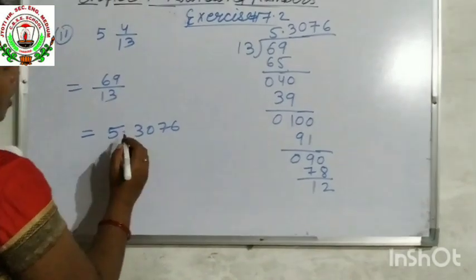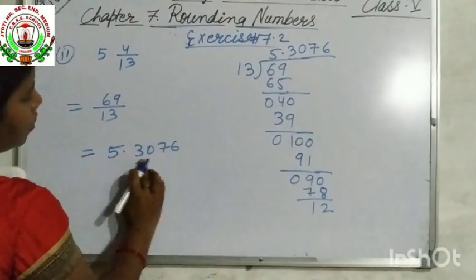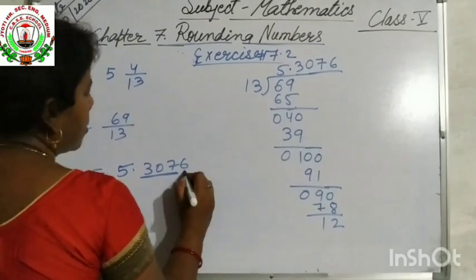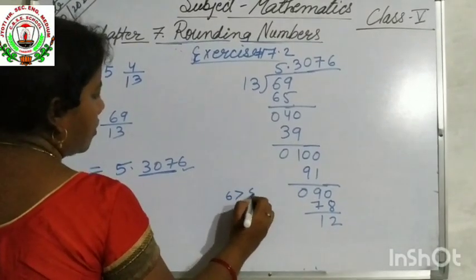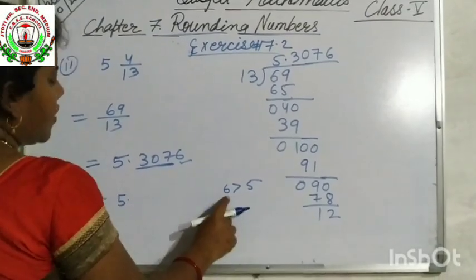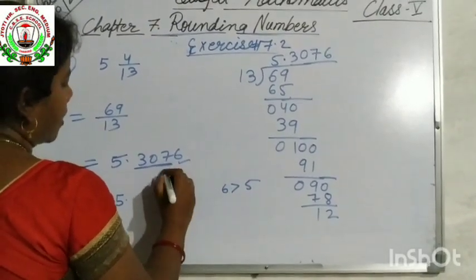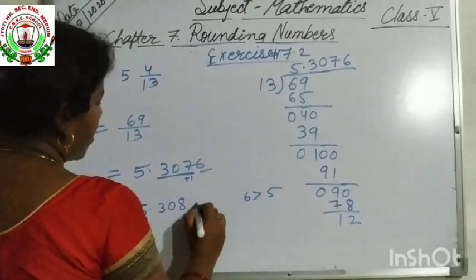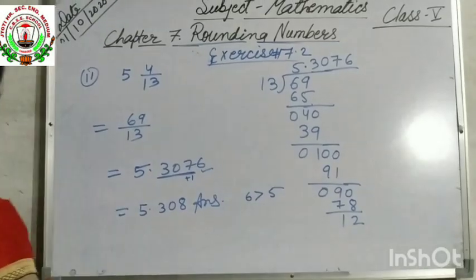Further you will get the same numbers. Up to 4 digits we have taken. Now we have to round up to 3 digits. So we will see this 6. 6 is greater than 5. So if it is greater than 5, then we will add here 1. 7 plus 1 becomes 8. This is the answer. Understood?